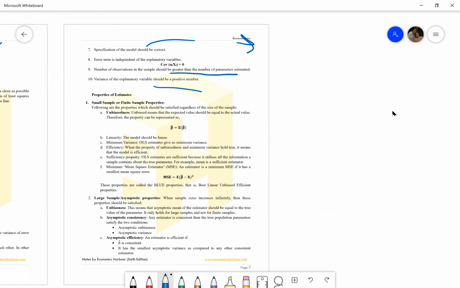In the case of specification of the model should be correct, how can we predict, before doing the model, which variable will be independent and which one will be dependent?